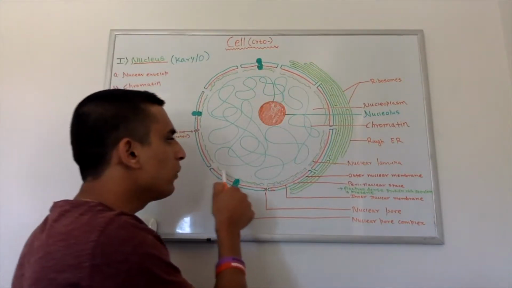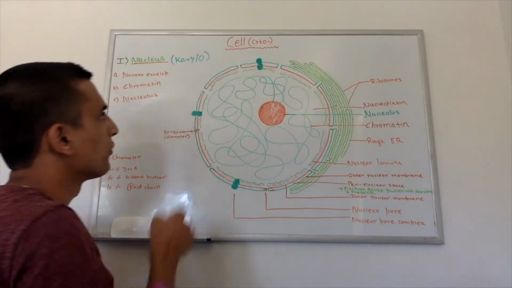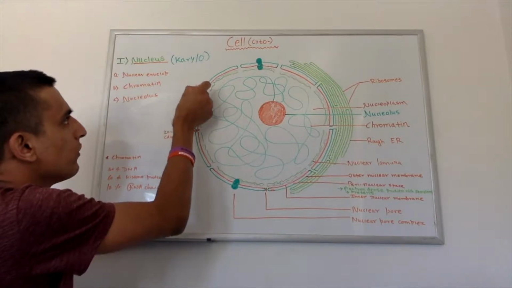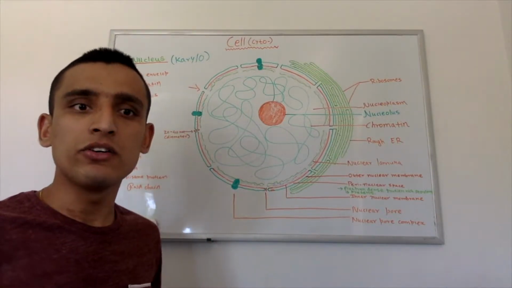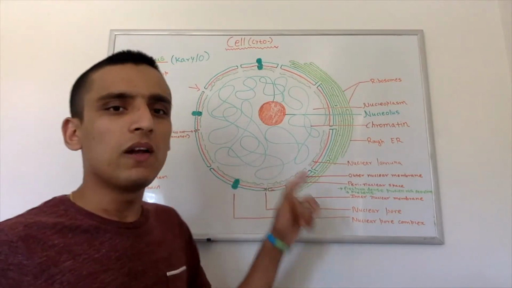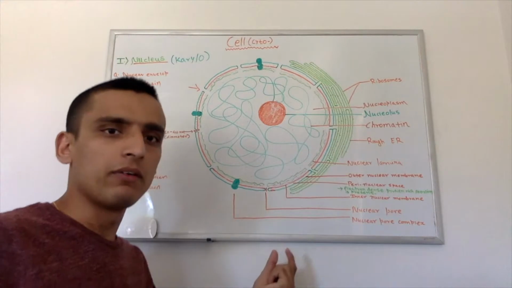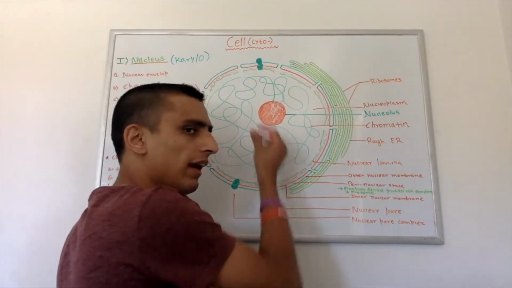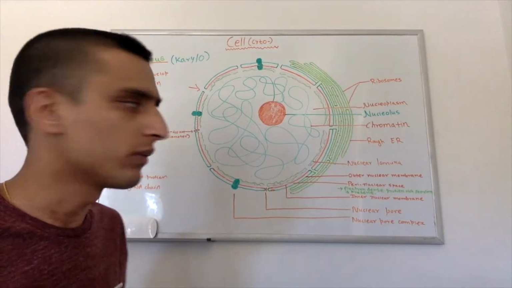So if you look at the nuclear envelope, you're going to see some pores, as you can see here, which are open spaces. What do you think? It's like a gate or a door from where molecules can pass, from where molecules can come out, right? Entry and exit, like a door.